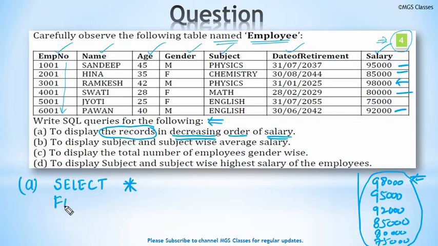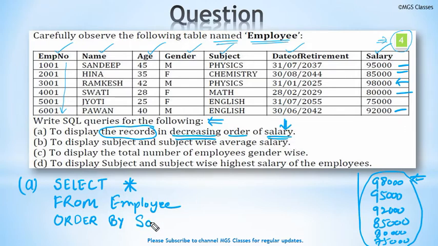Then we need to write from. From means which table we want to fetch the records from. We want to fetch the records from the employee table, so we write employee. Now we want to order these records in descending order of the salary, so we use the order by clause, and then write the name of the column, salary.